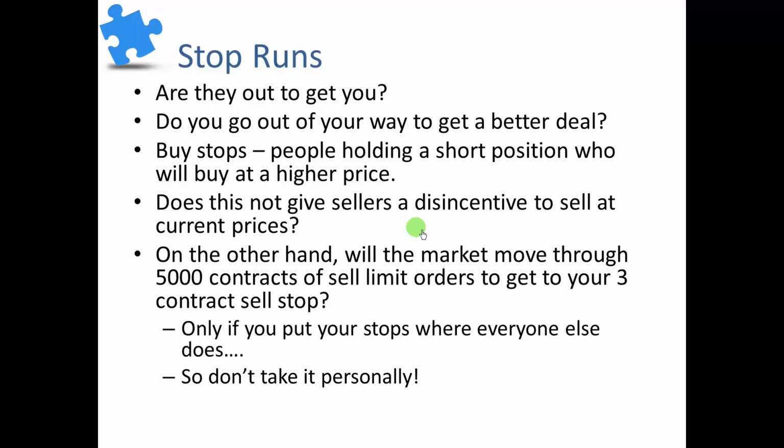Just like you've got a disincentive if there's a buyer up there in the market, and there's potentially a lot of buyers up there that are going to pay high prices. Sellers have got a disincentive to sell at these prices because they know buyers up there are willing to pay more. So that's what a stop run is effectively taking advantage of.